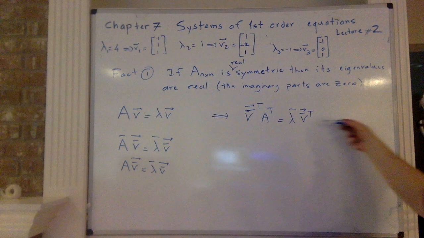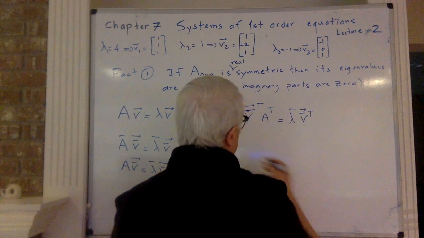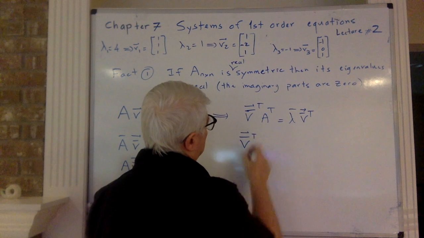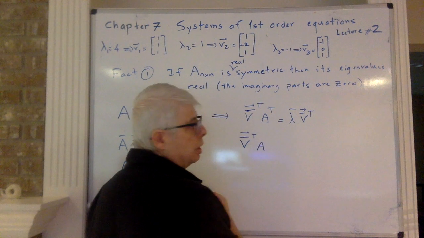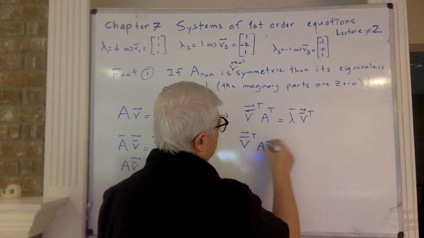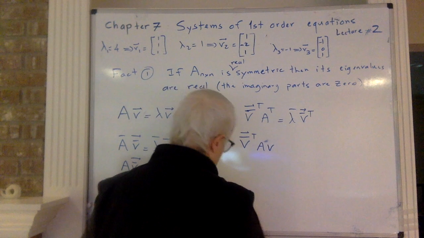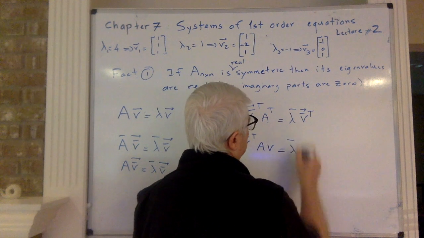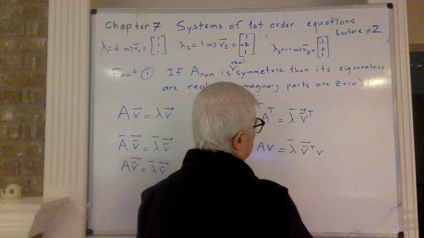Now I multiply from the right by V. So I have V bar transpose A transpose V, and A transpose and A are the same, and on this side I have lambda bar and V bar transpose V.